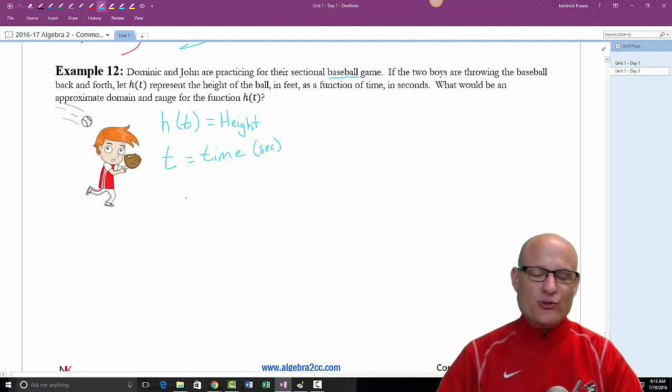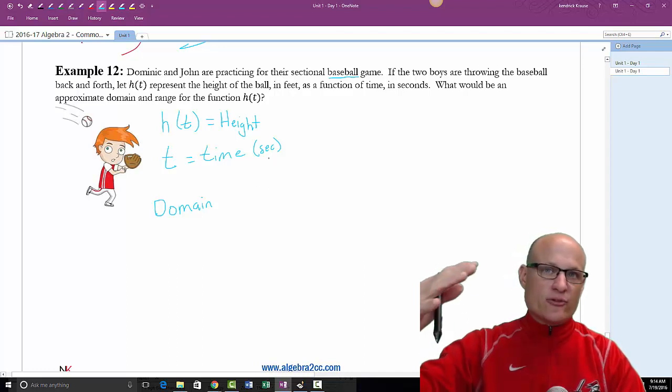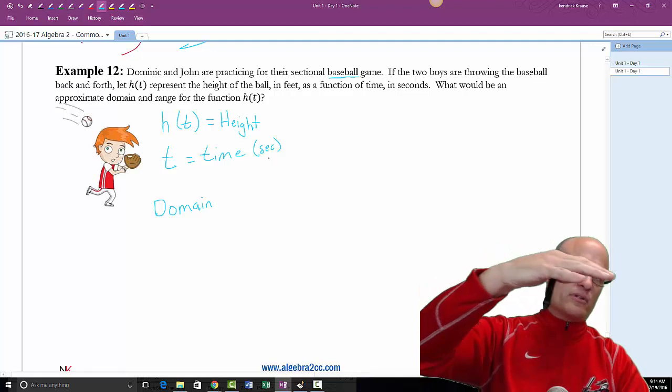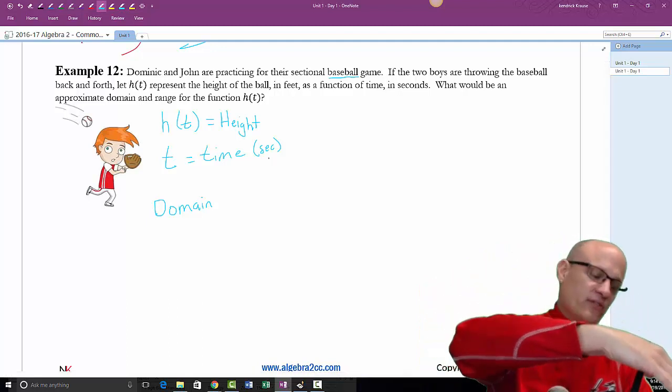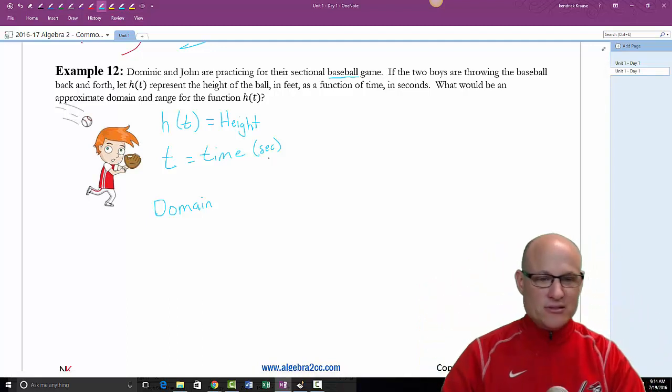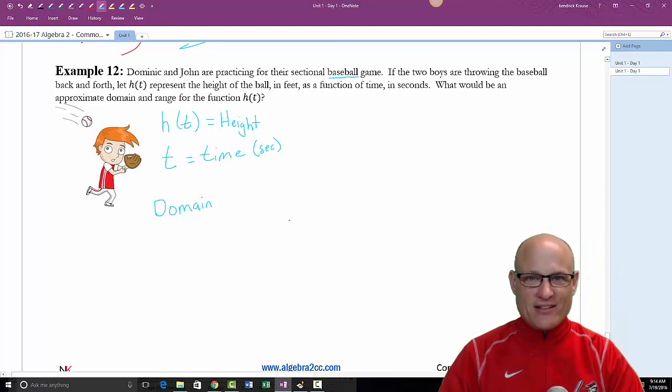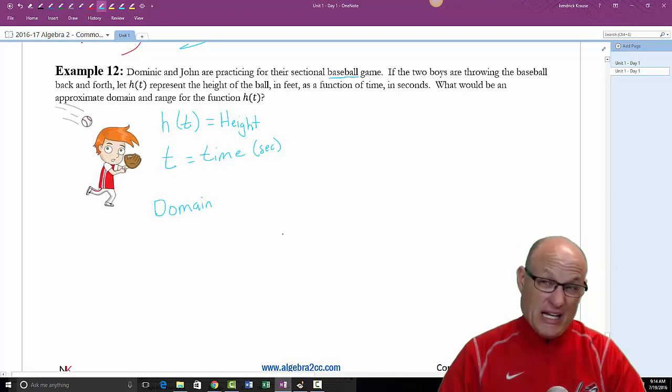If I've got two guys throwing a ball back and forth to each other and I want to talk about my domain, how long is the longest a ball could be in the air? 1001, 1002, 1003, 1004, 1005, 1006. I don't know. Can a ball be in the air 5 seconds? I doubt it. But maybe.